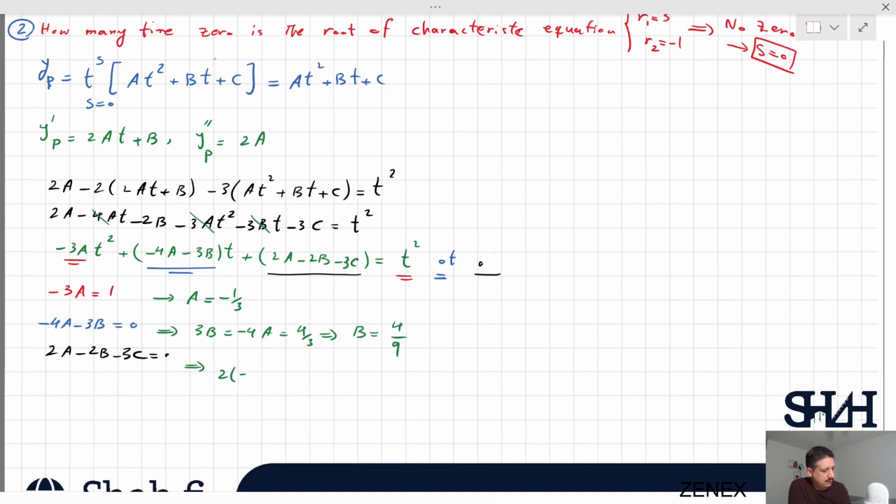And here 2 times minus 1 over 3 minus 2 times 4 over 9 will be 3c. And then I can write down minus 2 over 3 minus 8 over 9 will be 3c. As a result, minus 6 minus 8, 14. c will be minus 14 divided by 27.